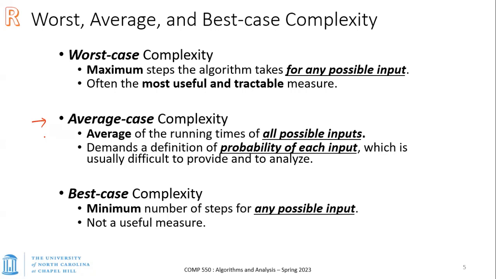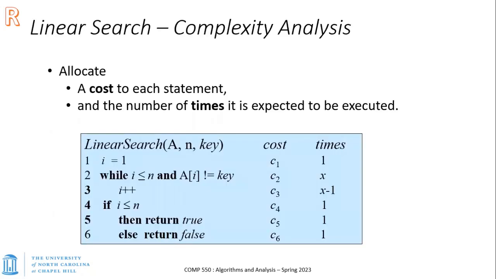So you have to make certain assumptions about the distribution of the input. Generally, the worst case is pretty much what we're going to be looking at in a lot of cases, but once in a while, we'll also look at the best case just as a comparison with the worst case. And we'll be looking at average cases maybe later on in the semester.